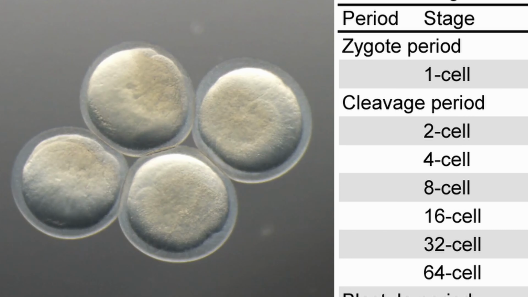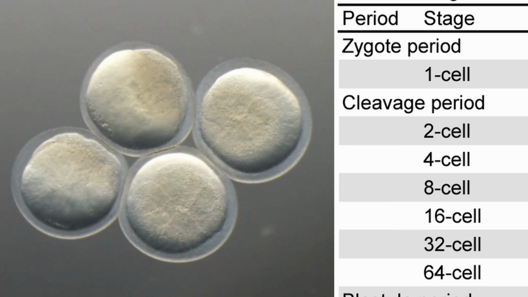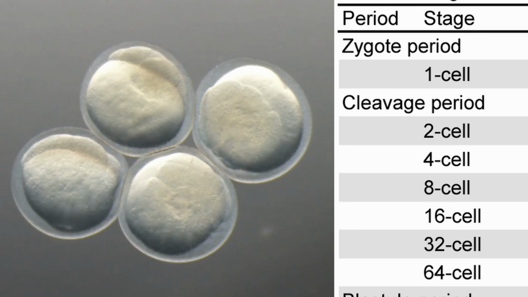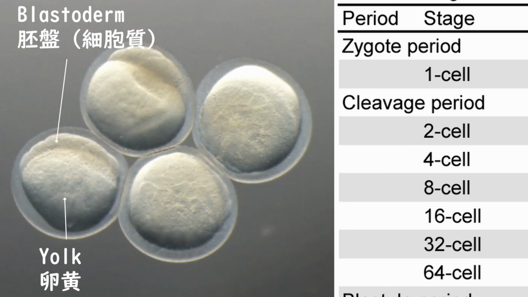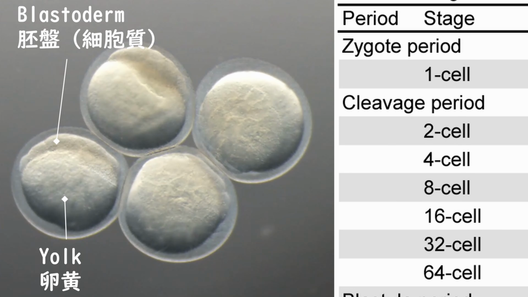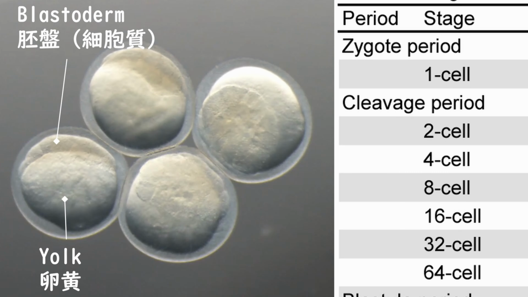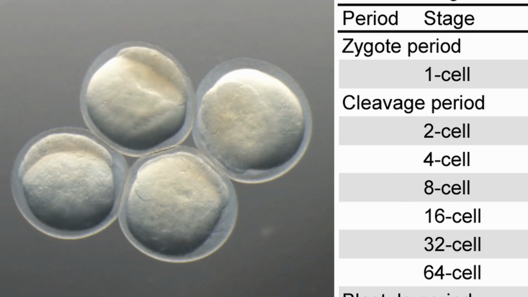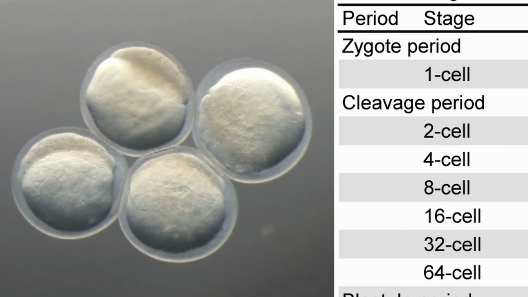At 24 degrees, the first cleavage occurs approximately 24 minutes after fertilization and then every 25 to 30 minutes. However, the speed of cleavage can vary depending on environmental conditions like water temperature. For more information on the relationship between environment and development, please refer to previous videos.